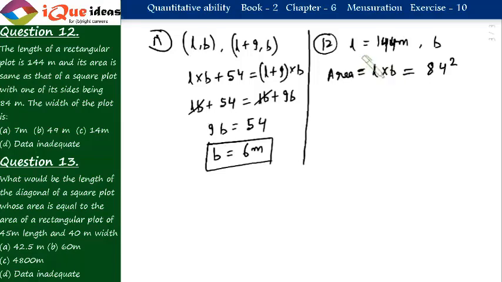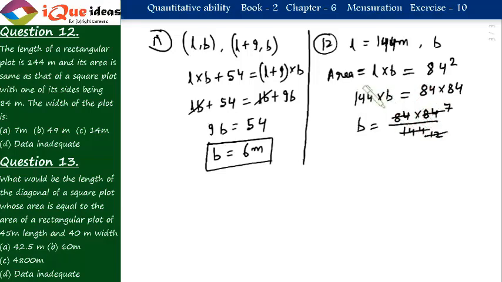So L is 144 into B is equal to 84 into 84. So B is equal to 84 into 84 divided by 144. So 12 cancels 84 7 times and 144 12 times. The other 12 cancels 84 7 times. So we get B equal to 49 meter. This is the width of the plot.